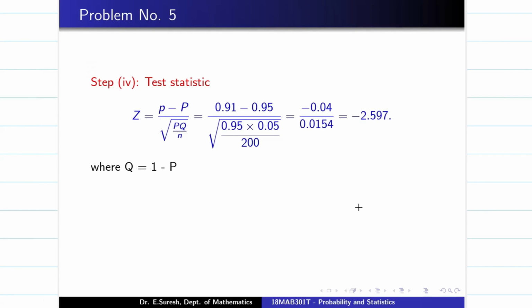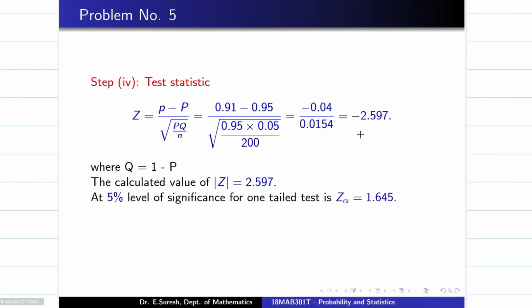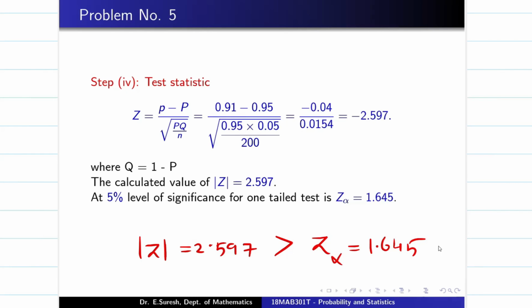After this, the problem is simple. You can just do like this. So here you see modulus of Z should be 2.597. You should not go for negative values. Okay, so my mod Z is 2.597 as the calculated value, and the table value is 1.645.